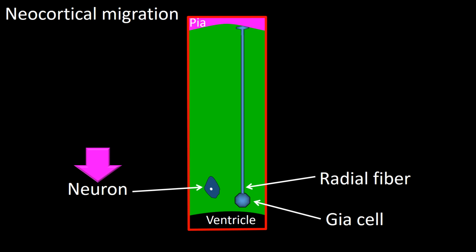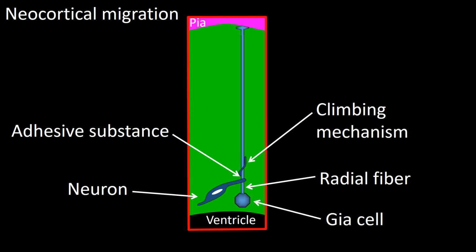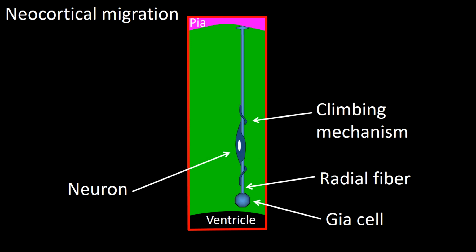The neuron moves towards the radial fiber, attaches to the radial fiber of a glia cell using an adhesive substance called cadherin, and starts climbing till the cell is attached to the rod, as you can see in this figure.